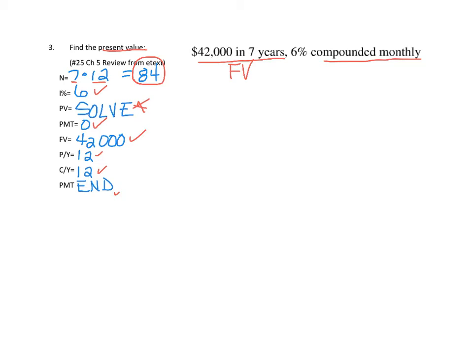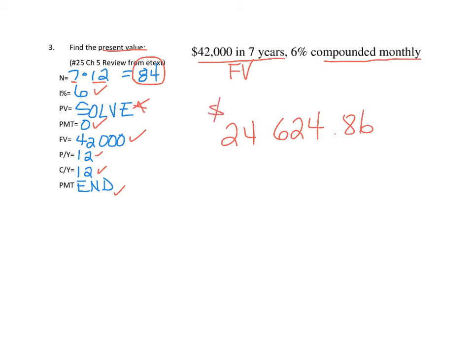And put in your payments, compoundings, and your payments are at the end. Solve for present value. And the present value would be $24,624.86.